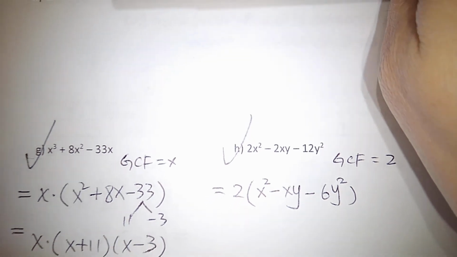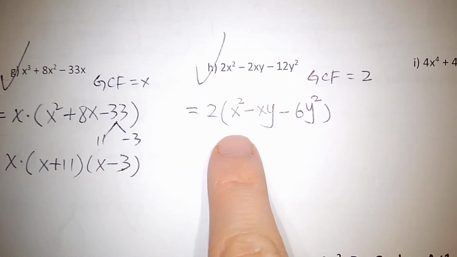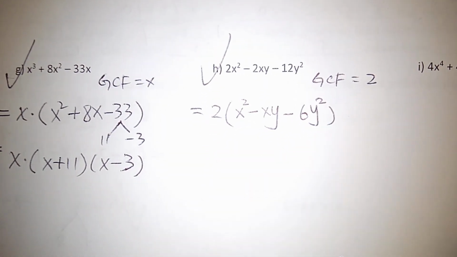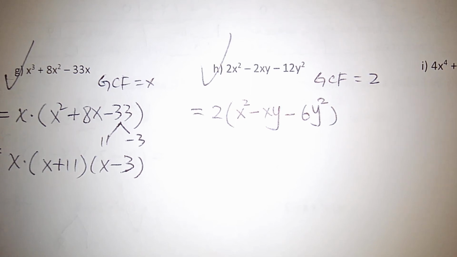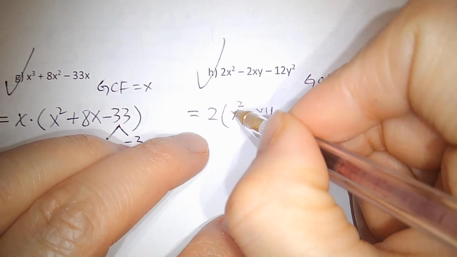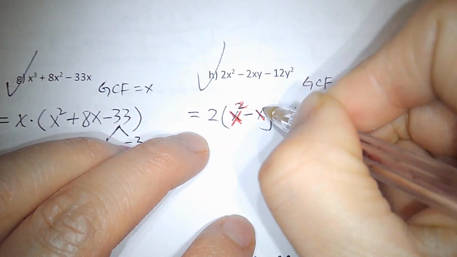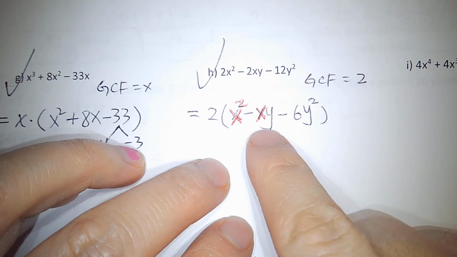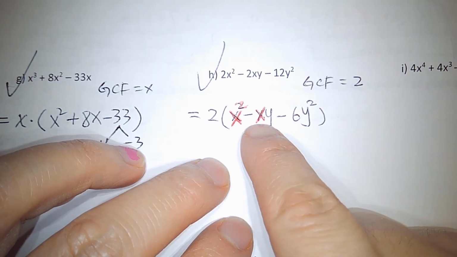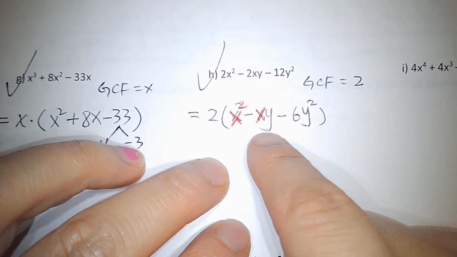How can we do this type of question? Okay, so if we have two variables, we consider x squared as the main variable. X is the main variable, okay? So the coefficient for this x is negative y.